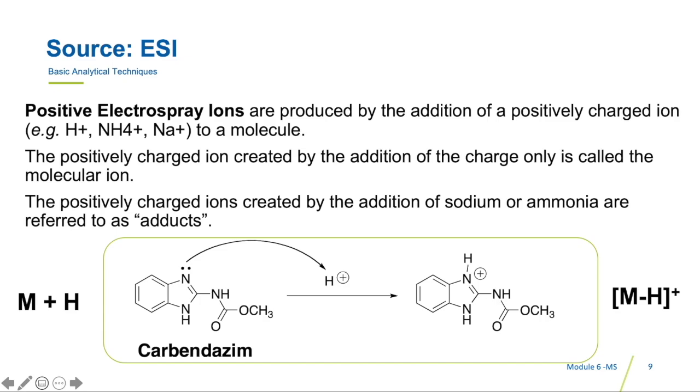The figure in this slide shows one example of the creation of a molecular ion for carbendazime through the addition of a hydrogen, which creates a charge of +1 and a molecular weight equal to carbendazime +1. Carbendazime is a pesticide contained in the official method discussed in section 3 of this module.